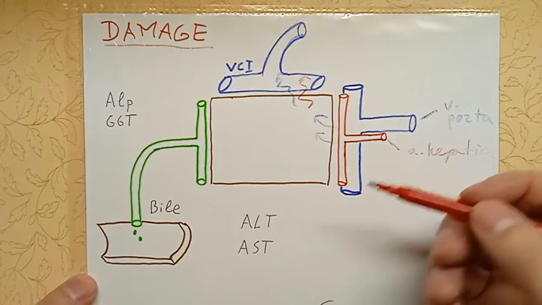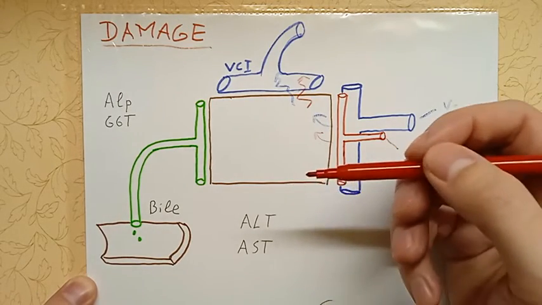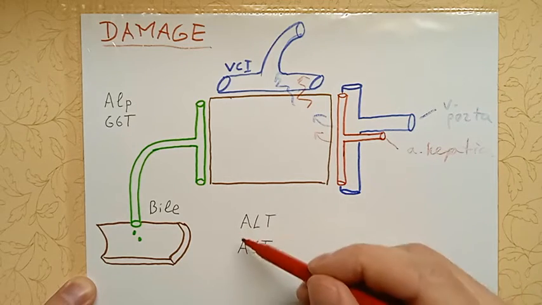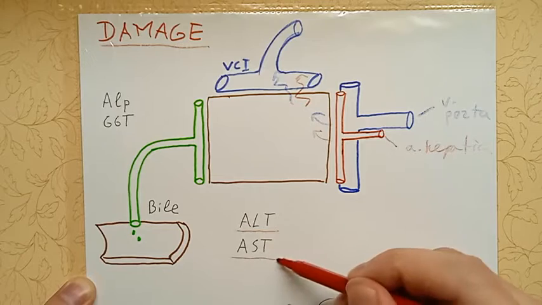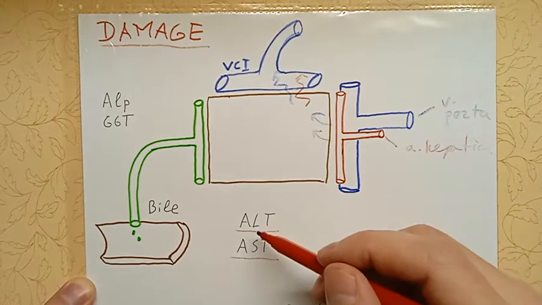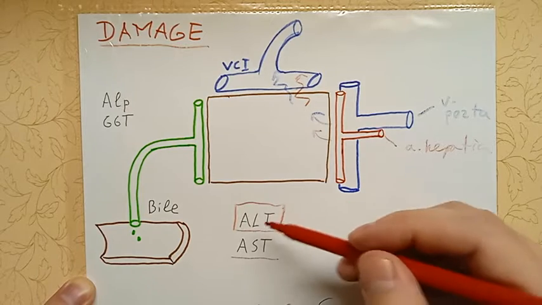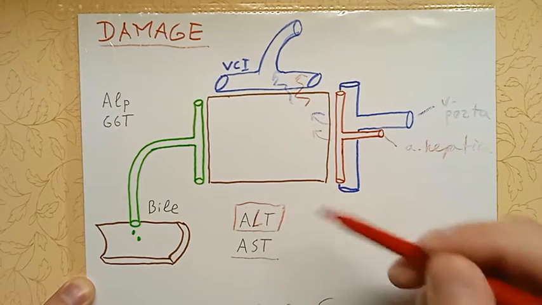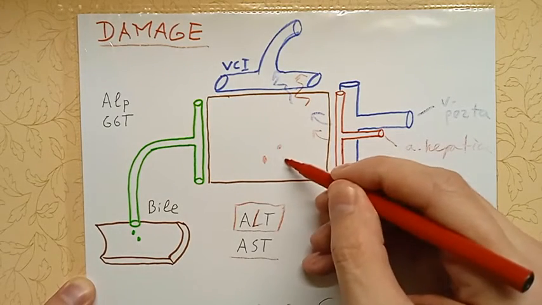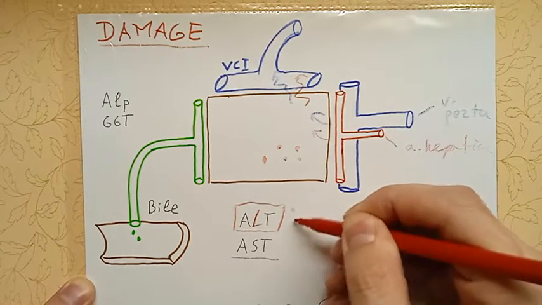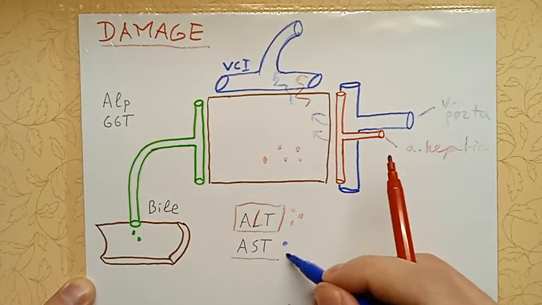So any cell has inside it different enzymes. Most common for the liver, ALT and AST. The most important is ALT. It is good to remember L, liver. Those enzymes live here: ALT, AST.